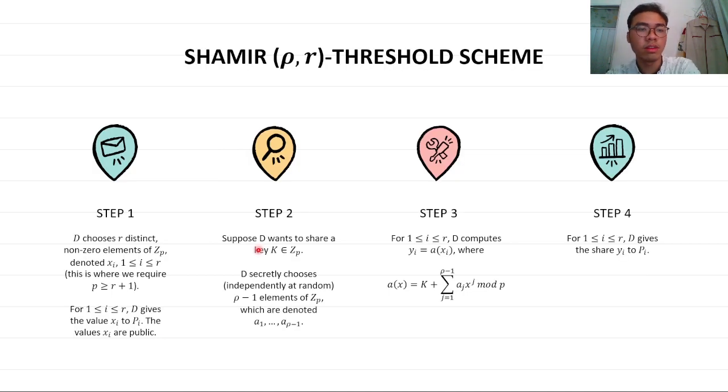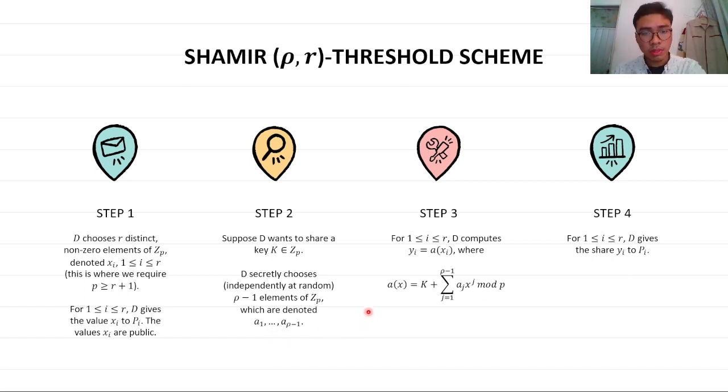So these are the steps. The dealer D chooses r distinct non-zero elements of Z sub p, denoted by x sub i, and then gives the value of x sub i to P sub i. Then step 2, suppose D wants to share a key k, which is in Z sub p. They secretly choose rho minus 1 elements of Z sub p, which are denoted by a sub 1 until a sub rho minus 1.